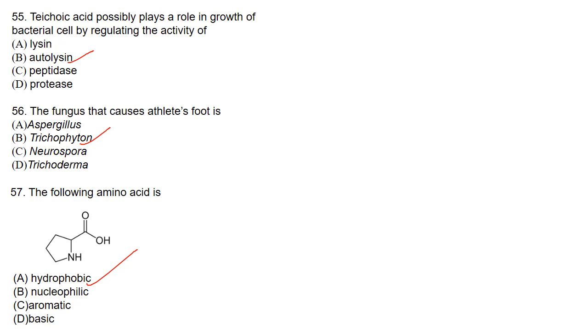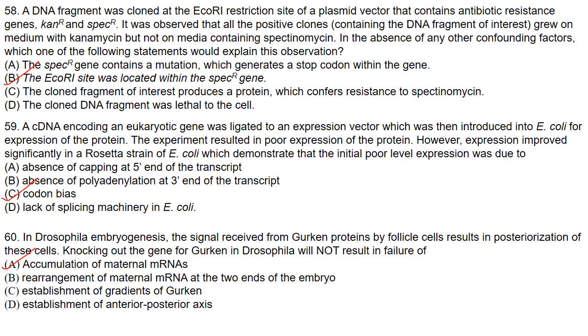The fungus that causes athlete's foot is Trichophyton. Answer is option B. The following amino acid is the structure of proline. So it is a hydrophobic amino acid. Answer is option A. Then a DNA fragment was cloned at the EcoR1 site of a plasmid vector that contained antibiotic resistance genes for kanamycin and spectinomycin.